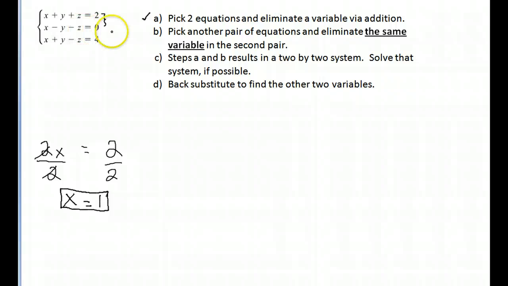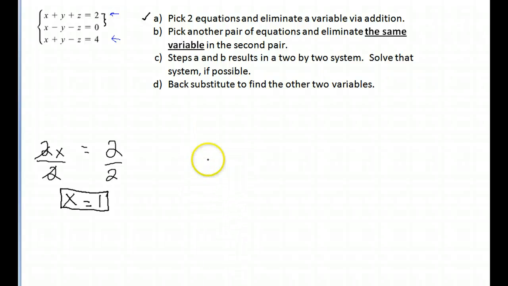Now for the second part, I'm going to pick equation 1 and equation 3. Now why am I doing that? Because this has a positive x, a positive y, a positive z, and this one's got a negative z. So that z and that z will cancel.